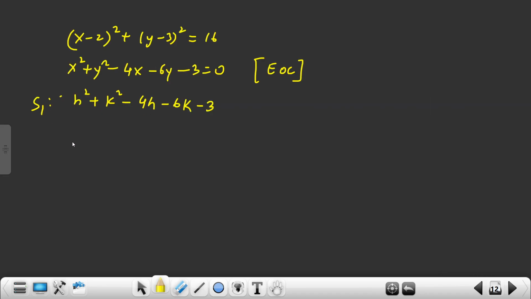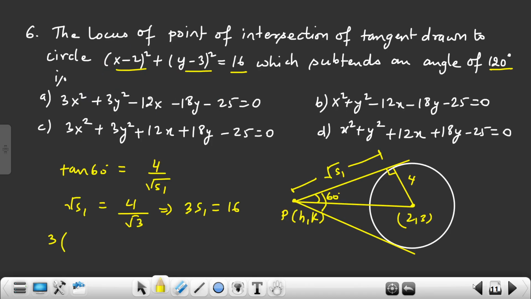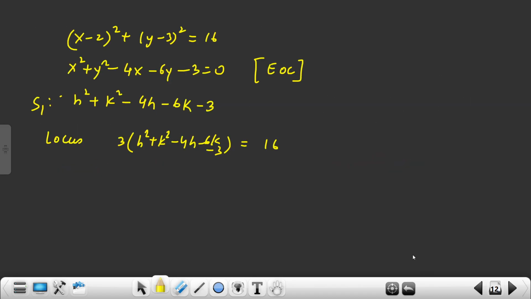This is s1. So locus is 3 times of this is equals to 60. h square plus k square minus 4h minus 6k minus 3. Now simply if you can see, we have 3h square, 3k square minus 12h minus 18k minus 9 and minus 16 minus 25.